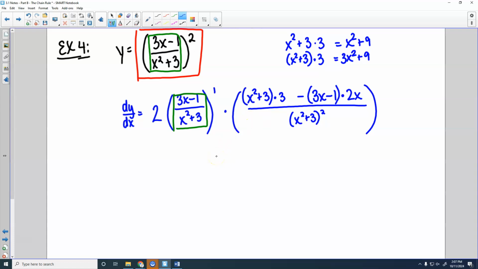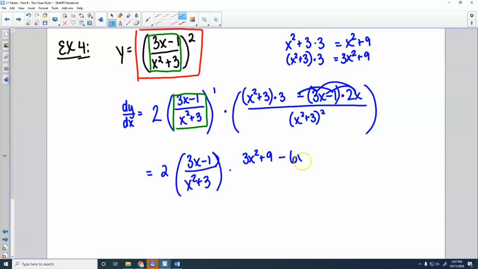So to simplify this, you definitely want to simplify that numerator. So you've got 2 times (3x minus 1) over (x squared plus 3), and then you'll have (3x squared plus 9) minus... Be really careful here. I'm going to do it all as one step, but you're going to distribute this 2, and there's a minus right here that has to get distributed as well. Should I do that together? You'll get 6x squared, but it needs to be a negative 6x squared.